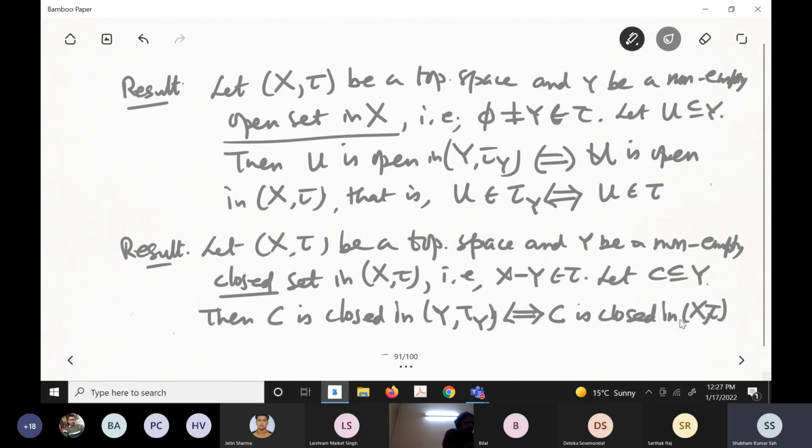You don't need to memorize things. If you think what the result will be, you just go to the example I was giving in R, closed interval [0,1], open interval (0,1). So this you can prove. The proof is very straightforward. How we will get the closed set from the open set.